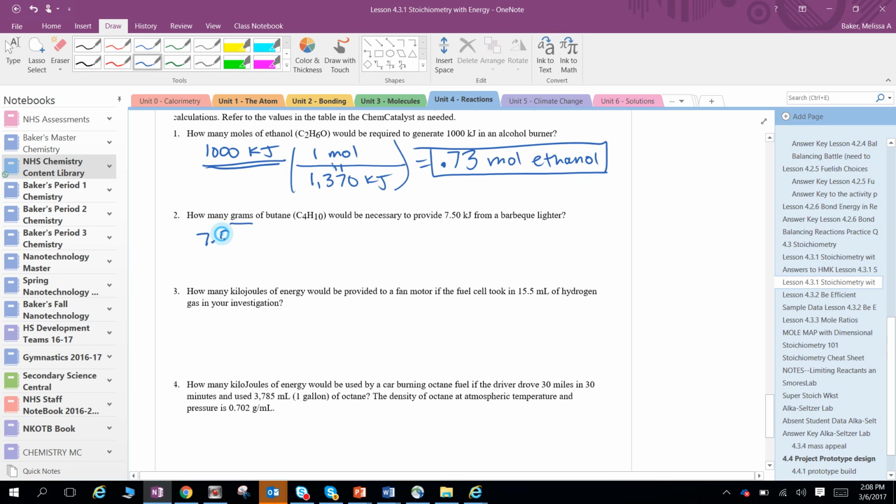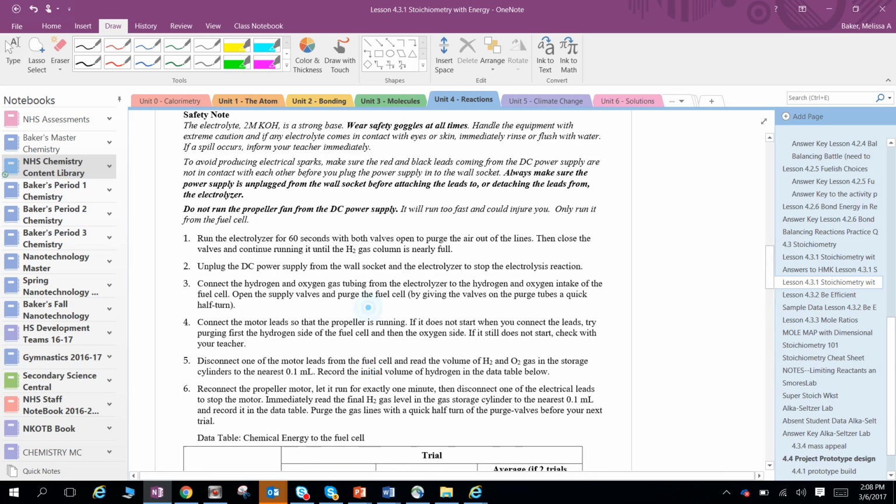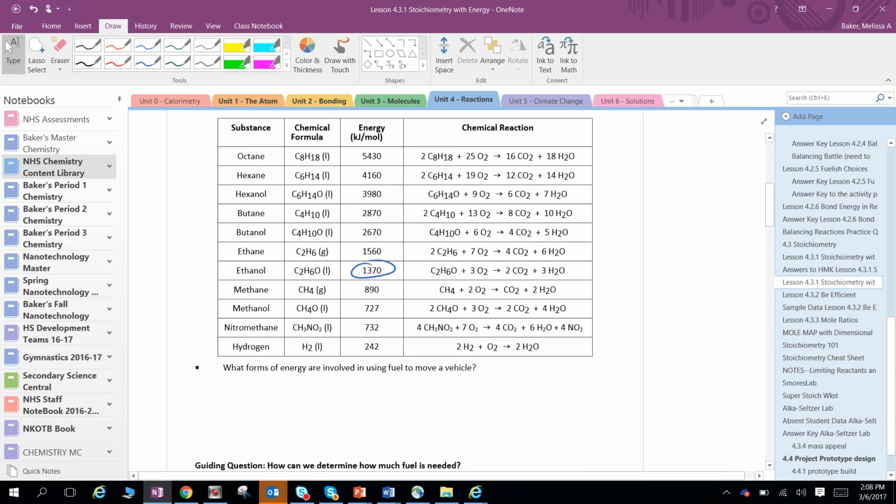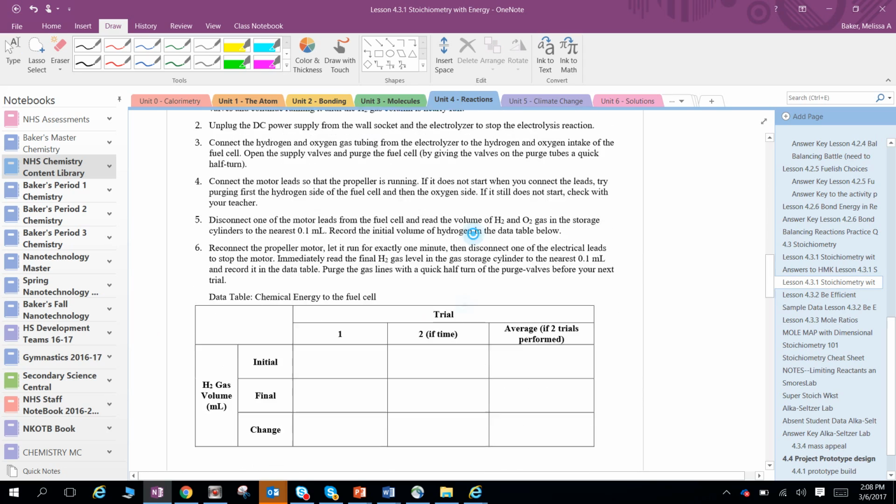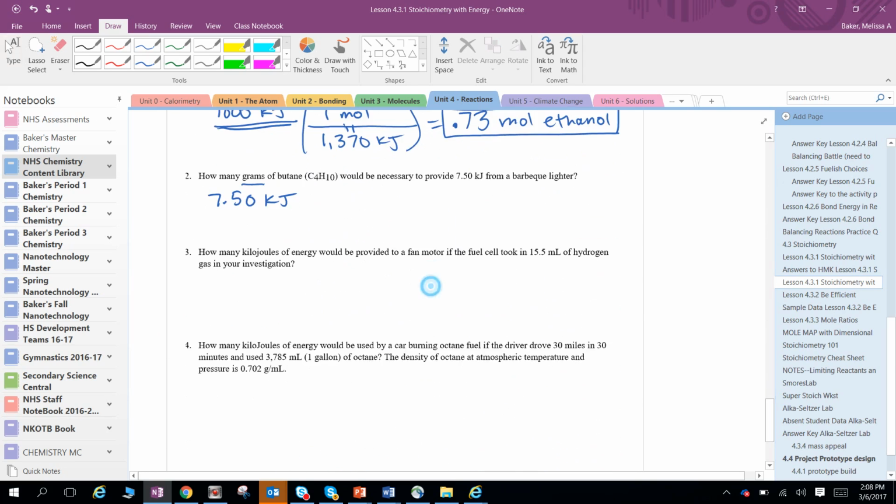So for number 2, to check your work, 7.5 kilojoules is how much energy we want to produce from butane. So we go back up to the handy dandy table. Butane is 2,870 kilojoules per mole.